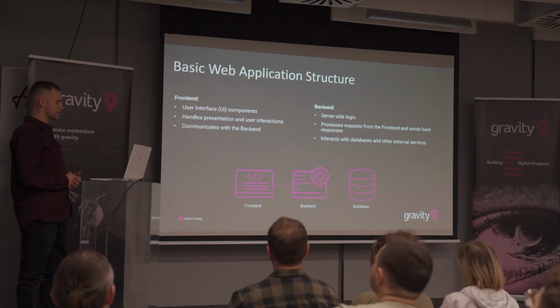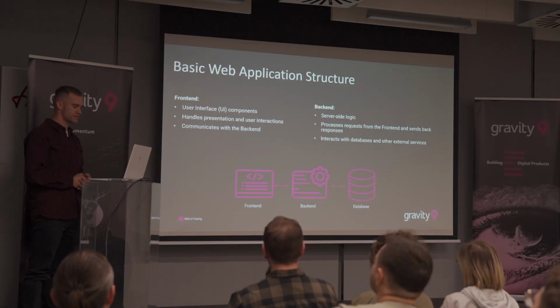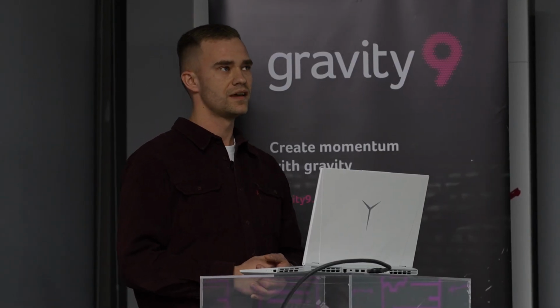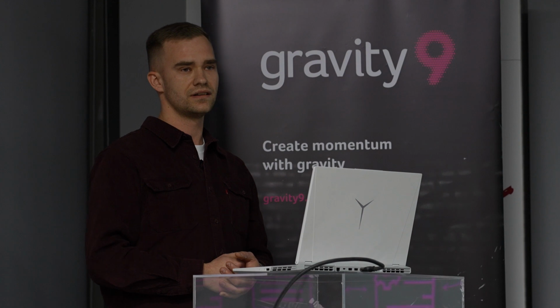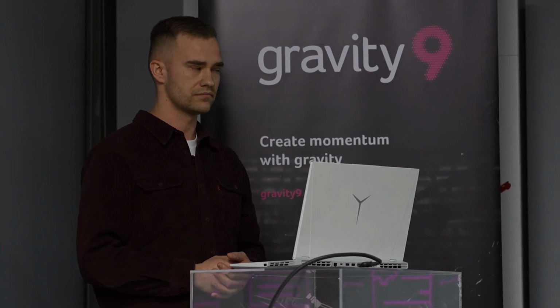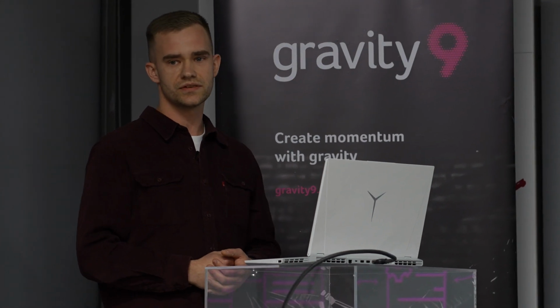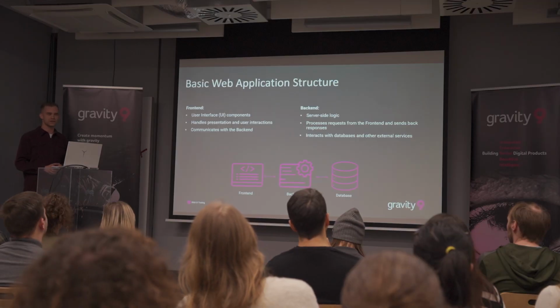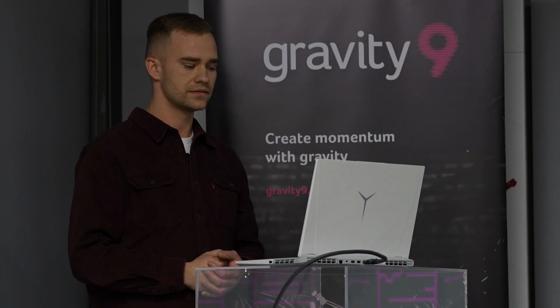If we take a closer look at what the front end actually is, the front end is, let's call it, a user-friendly presentation layer of our application. Let's say it's going to be the web application. It's built of some user interface components, and it's responsible for handling a user's interaction and passing it later to the backend, so it can be processed with its logic.